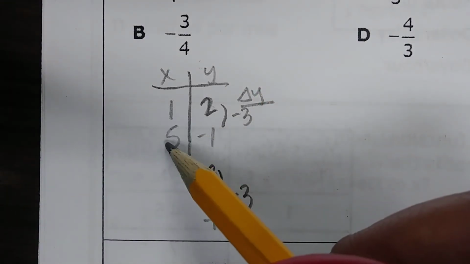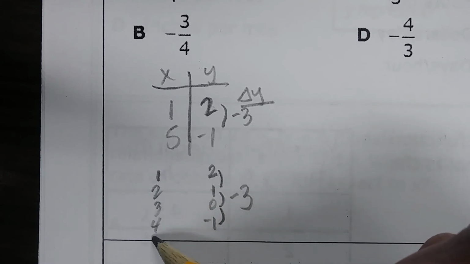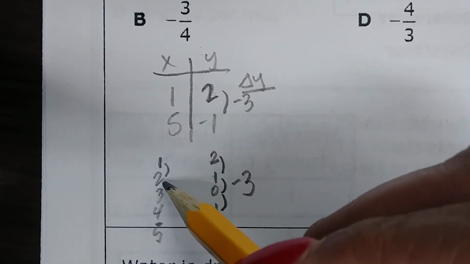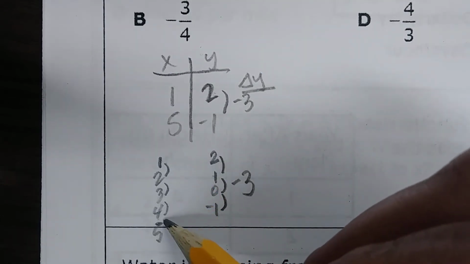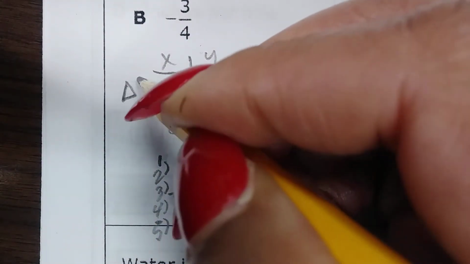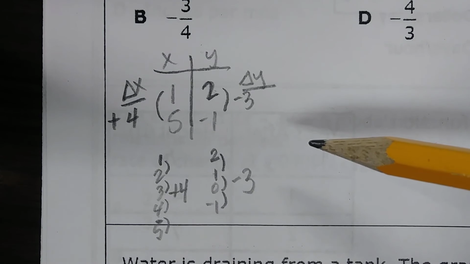Now let's find the change in x. I am at 1 and I have to walk up to get to 5. So 1 step, 2 steps, 3 steps, up 4. So my change in x is +4. So really what we did was subtract.